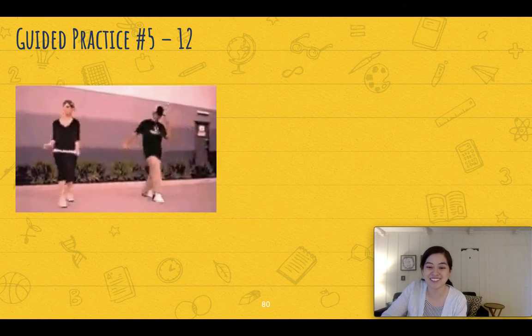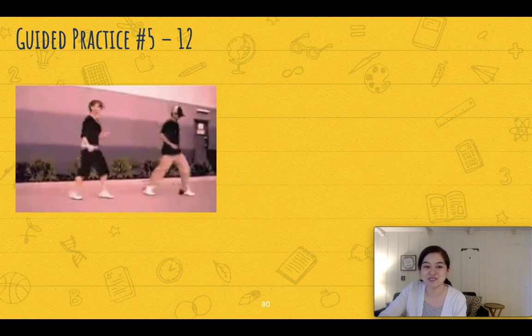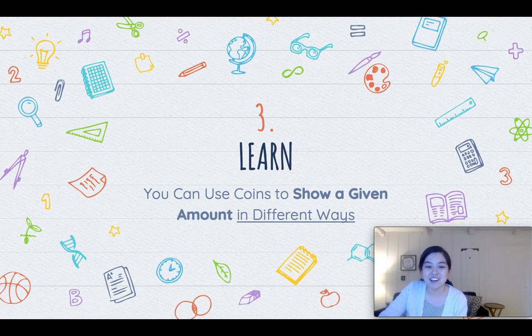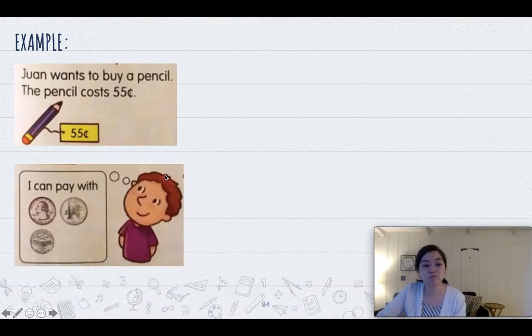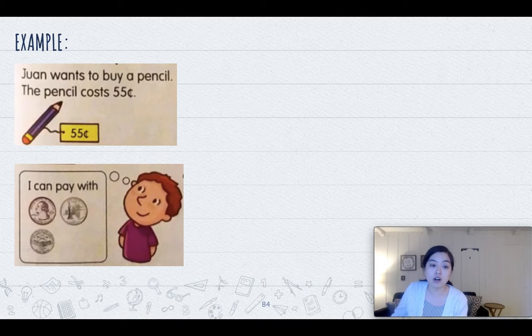Yeah, nice job. All right, let's use coins to show a given amount in different ways. So look at this example. Juan wants to buy a pencil. The pencil costs 55 cents. So one way that Juan can pay 55 cents is using this set of coins.